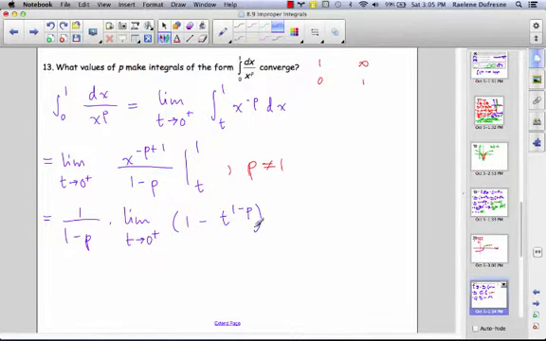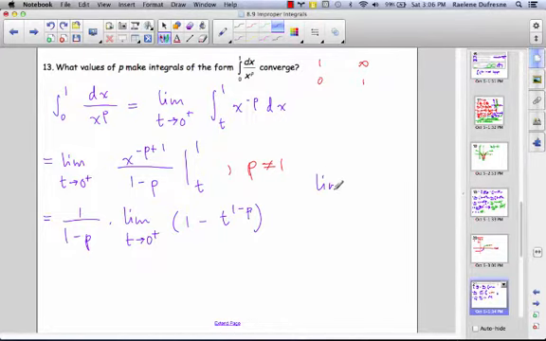And as we just saw, if the exponent p is greater than 1 on this function, we are going to have a number like 2, 3, 4 for p. So if p is 4, we're going to get 1 minus 4, so this is t to the exponent negative 3.